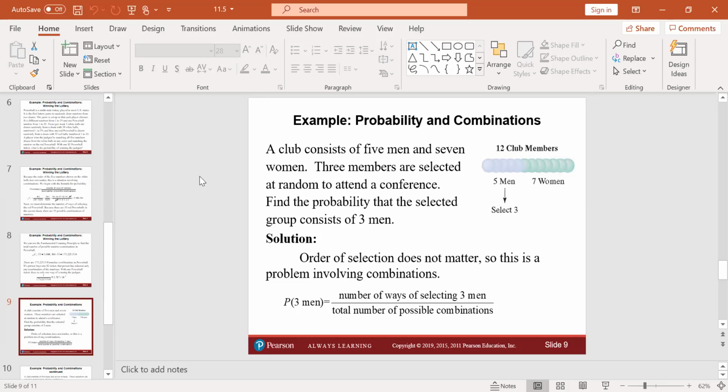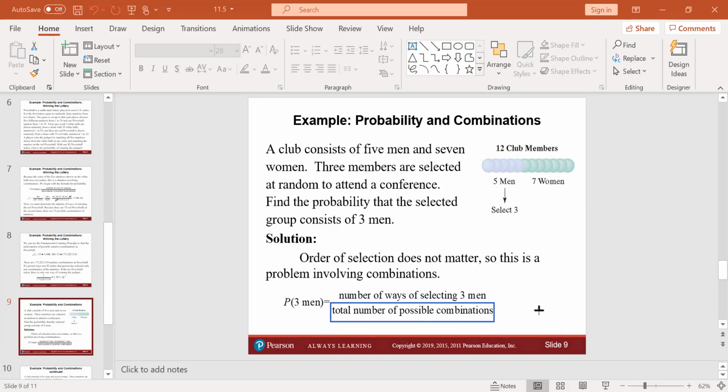3 men. So let's see, we have 12 total people in the club. Now, the number of ways we could choose any 3 people at random, that's going to be the denominator that we want to calculate here in our probability. It's the number of ways that from a group of 12, completely ignoring their gender, we select any 3 of them.